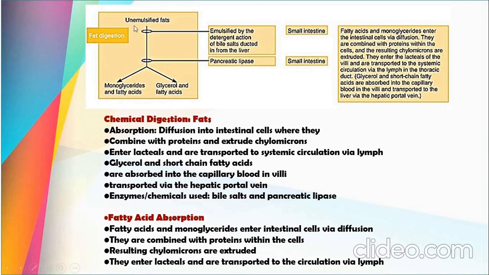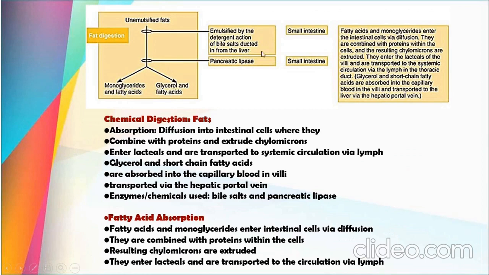Now here is the fat digestion. Unemulsified fat is emulsified by the detergent action of bile salts, produced by the liver, and with pancreatic lipase, both in the small intestine, it forms monoglycerides and fatty acids, and glycerol and fatty acids.